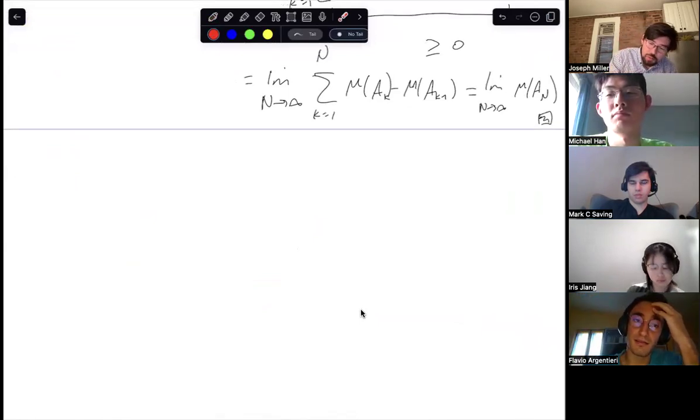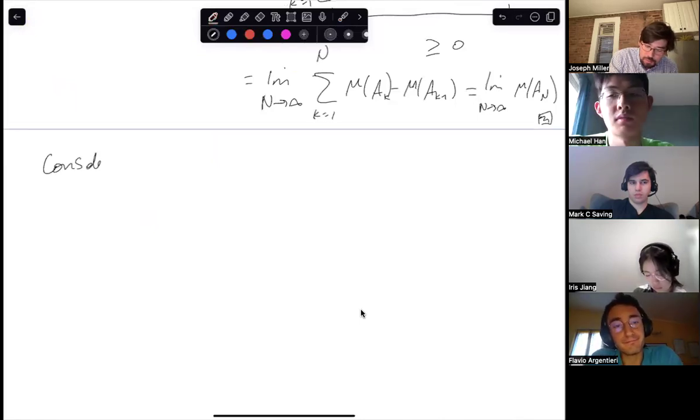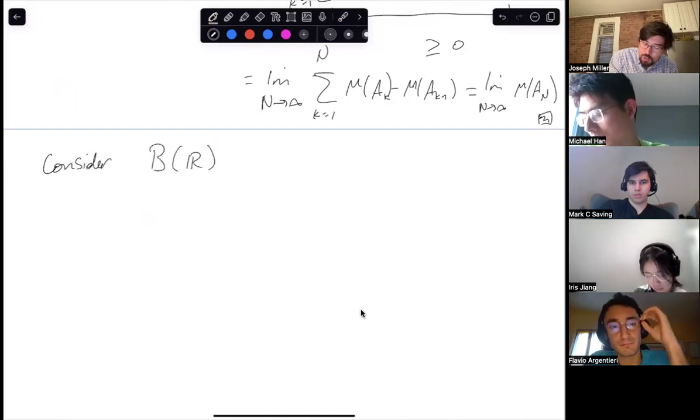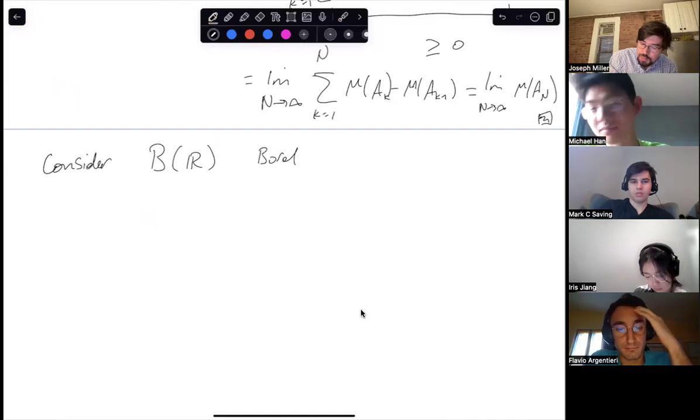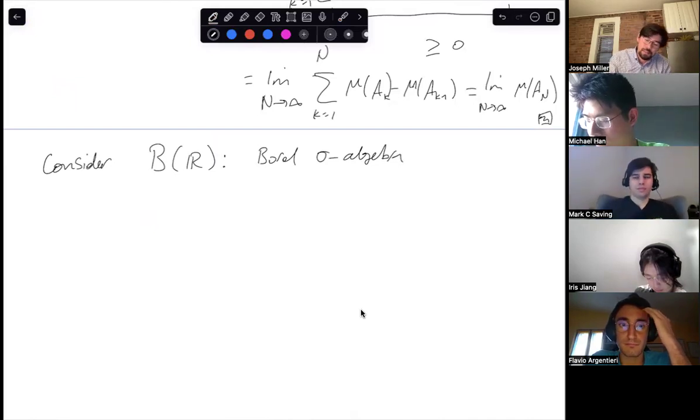Let me just write down the question because that's a good question. Consider, let's just work on R, this is B(R), the Borel sigma algebra. What this is, just in words, is the smallest sigma algebra which contains all open sets.